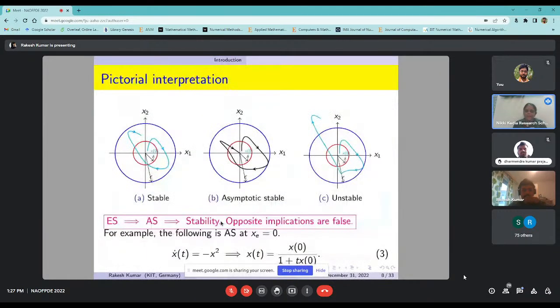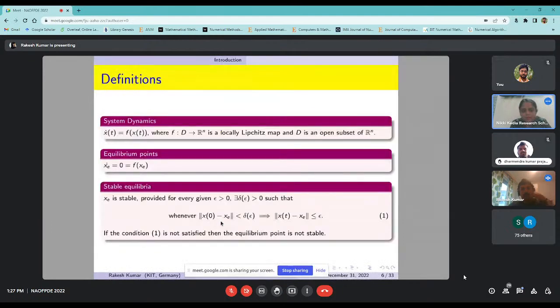Sir, I have a query. For this Lyapunov function, is there any particular method to find one, or do we have to see the conditions and use a hit and trial method? It is hit and trial, because there is no particular way to design a Lyapunov function corresponding to a given differential equation.